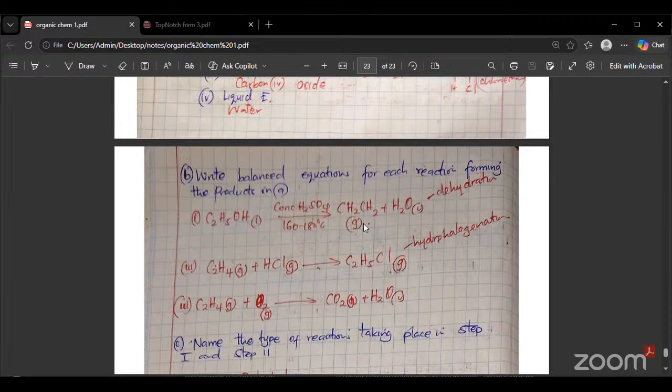Now let me ask you something. What do you know about salt? Household salt. What do you know about salt? It dissolves in water. Is it neutral or basic or acidic?